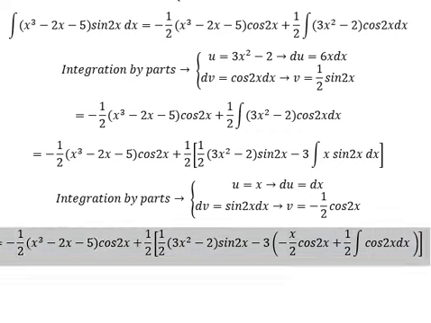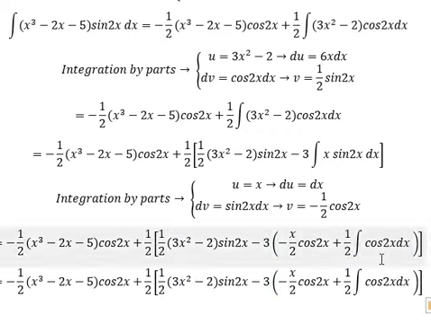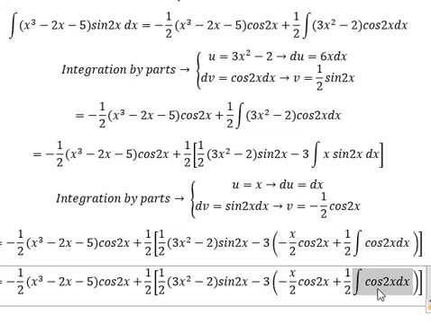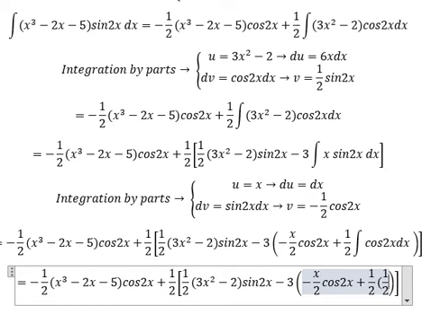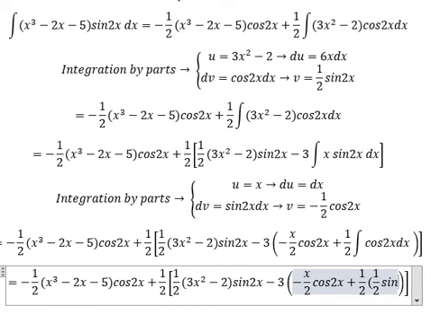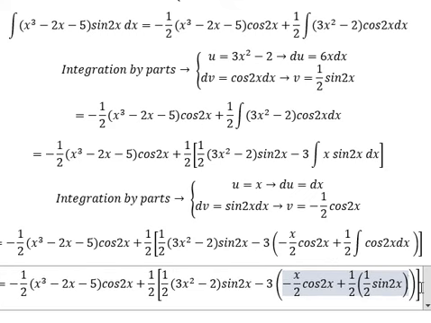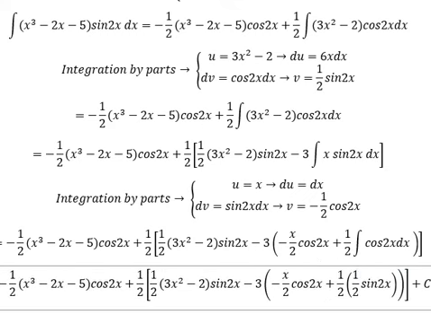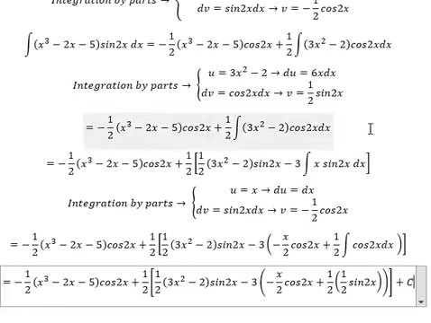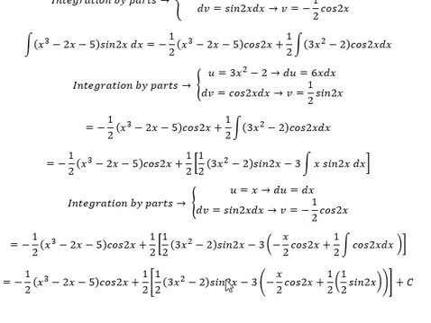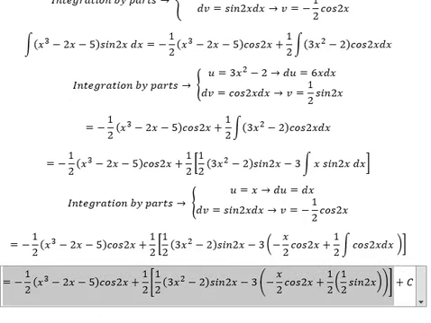And this one in here, the integral of cosine 2s, you go 1 over 2 sine 2s. And we put c in here. And that's it, the final answer.